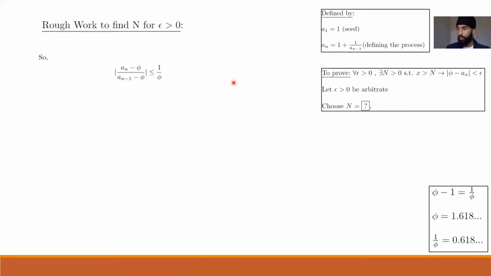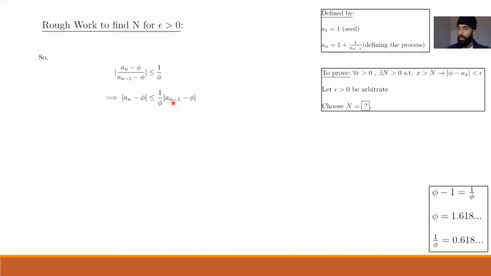It's less than 1 over phi. We're rearranging it: the denominator, the n plus first error, goes over here. Now I want you to think about what this is saying in words. It's saying that we can bound the nth error with the previous error, as long as we multiply it by this ratio 1 over phi. So we want to reduce this all the way down to 1, right?